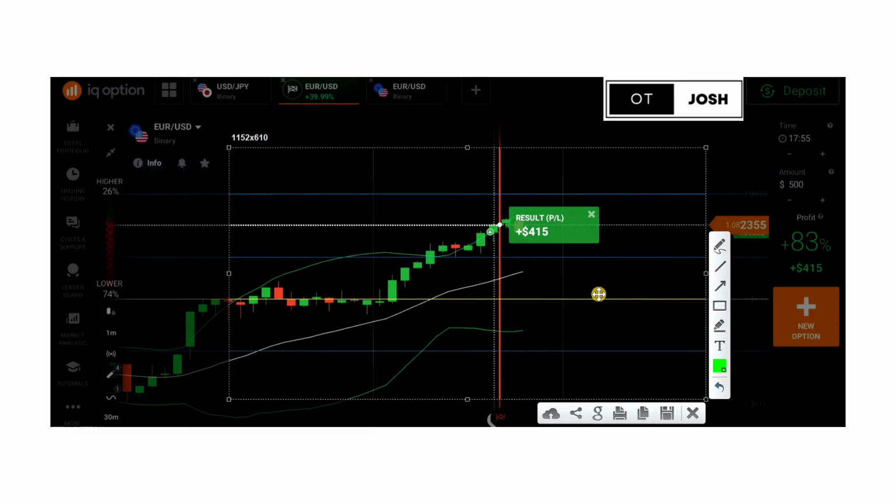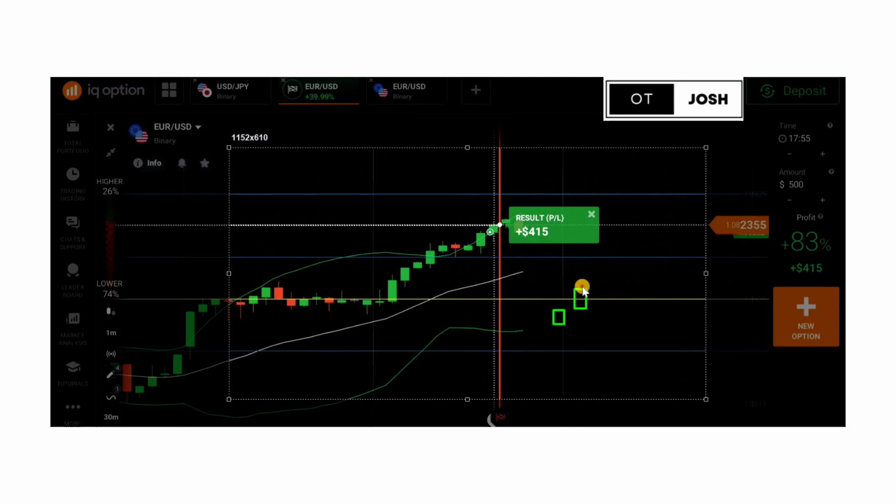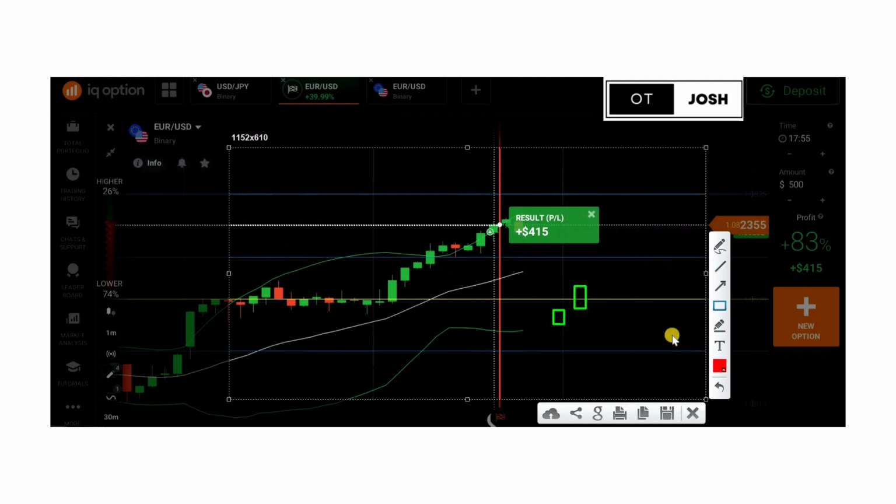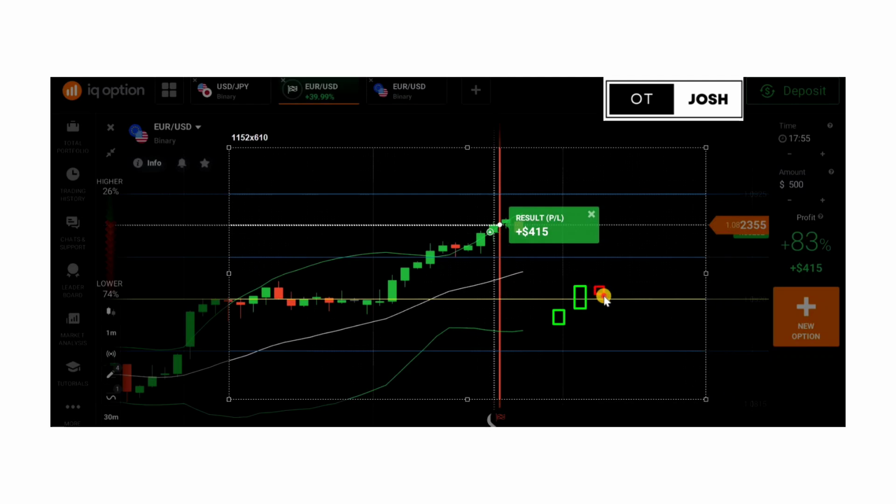I will use this yellow one as the resistance. So we have a candlestick and we have a breakout. Now the inside bar happens in the sense that the opposite color candlestick comes down and does not go beyond the body of the previous candle.